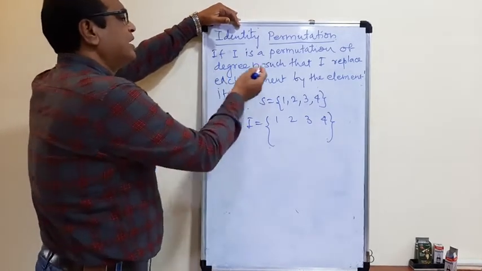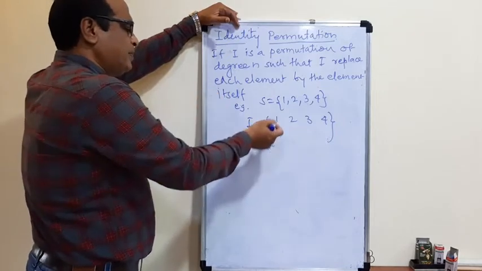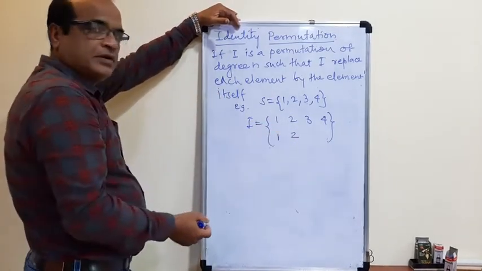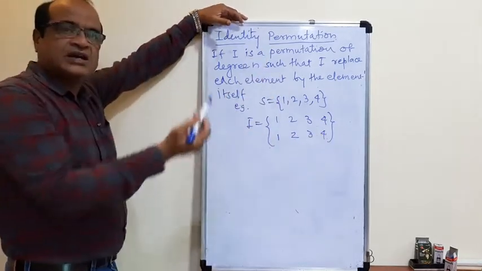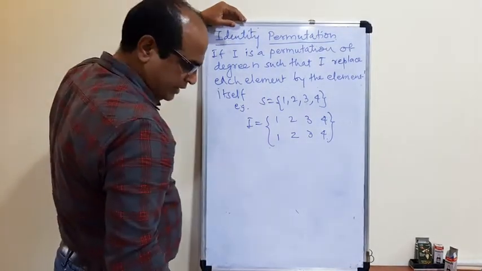The degree is 4. I replaces each element by the element itself, so we write here 1, 2, 3, 4. So this permutation is called the identity permutation.